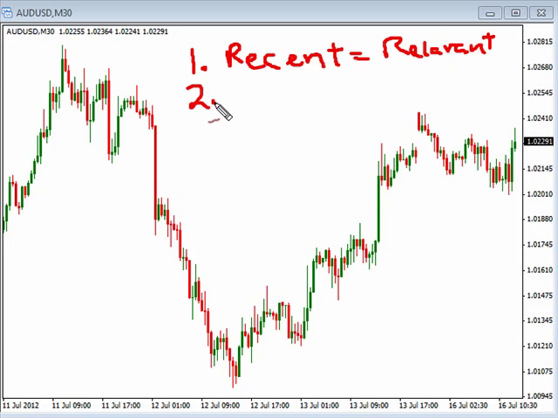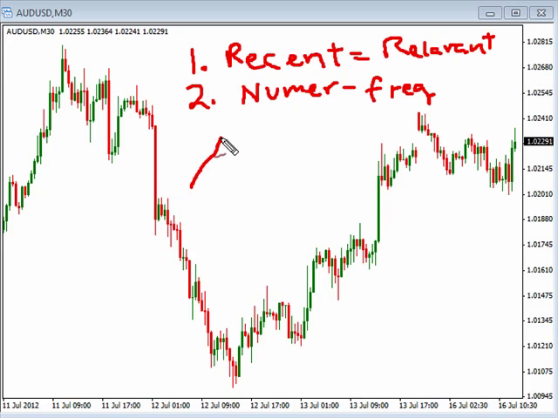The second thing that we want to look at is the number, or the frequency, of that area acting as support or resistance.